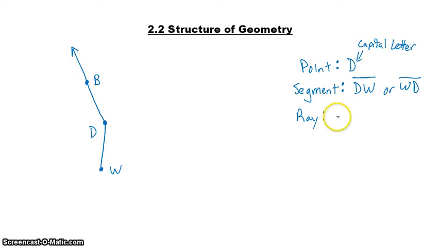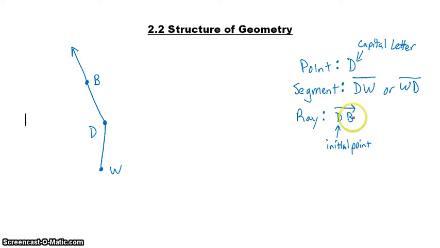The notation for a ray: I need to start with my initial point, continue in the direction of B, and keep going past B. I'm going to use a line with an arrow to indicate that I have a ray.